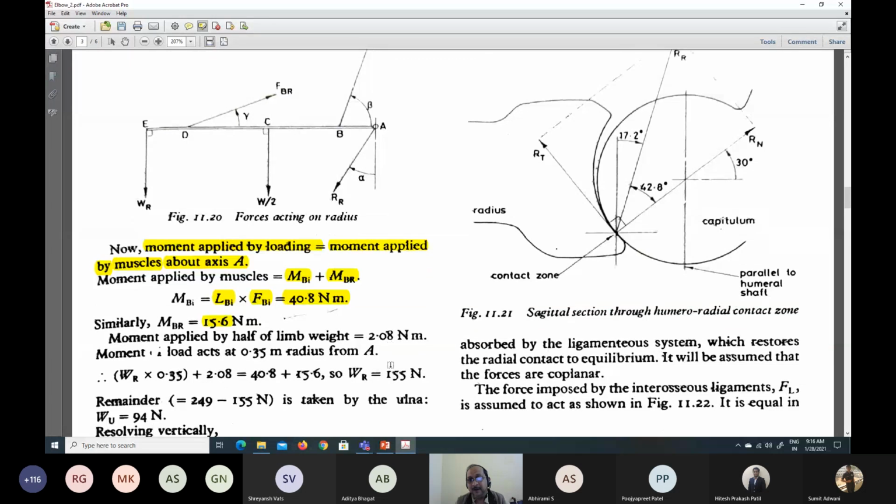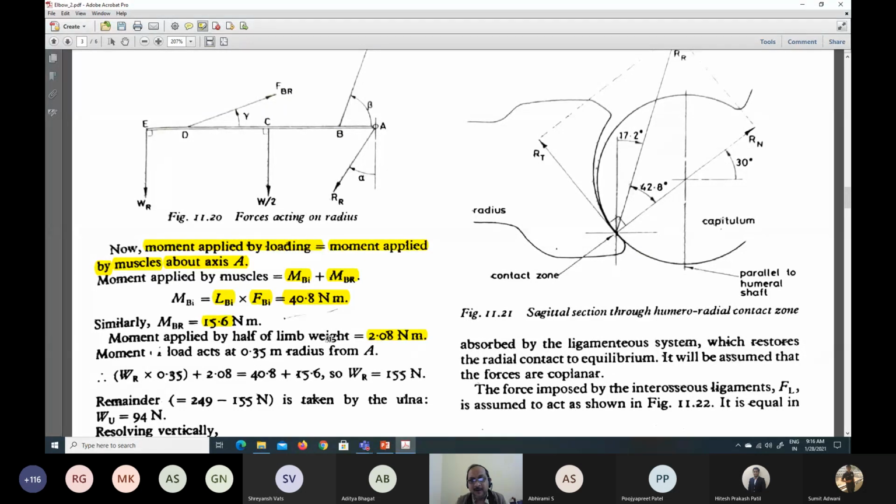Now, half of the limb weight is this, according to the basic data that is given. And the moment that it creates about the joint axis, of course, you know the location of the CG. So you multiply with the moment arm and you get 2.08 Newton meter as the moment applied by half of the limb weight.